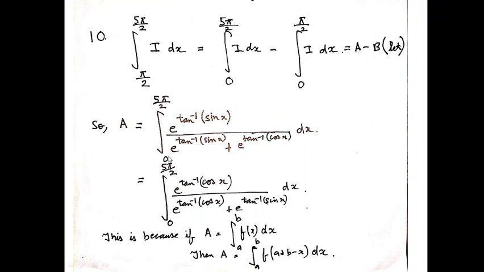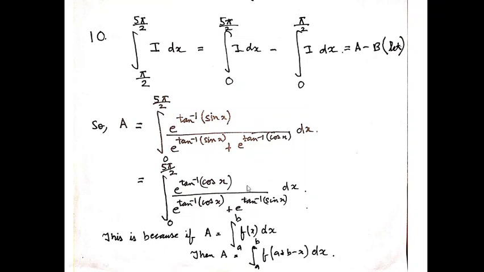So what we have done here is the same thing. We have replaced x by 0 plus 5 pi by 2 minus x, and so sin x on doing that arrangement will become cos x, and cos x will become sin x. So now we have this integral, and both are equal.